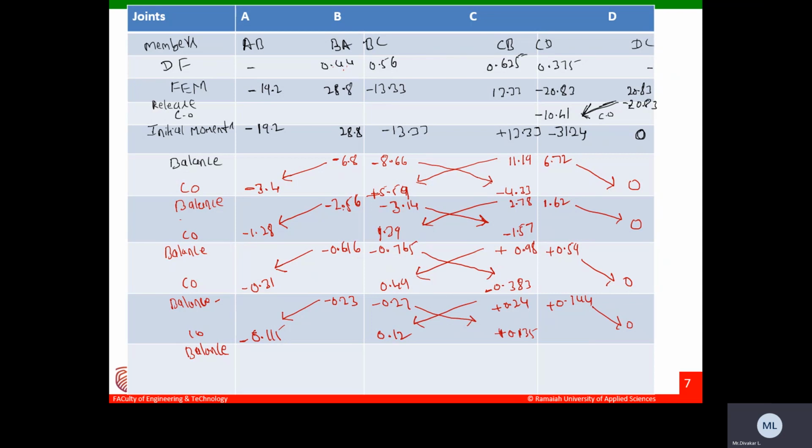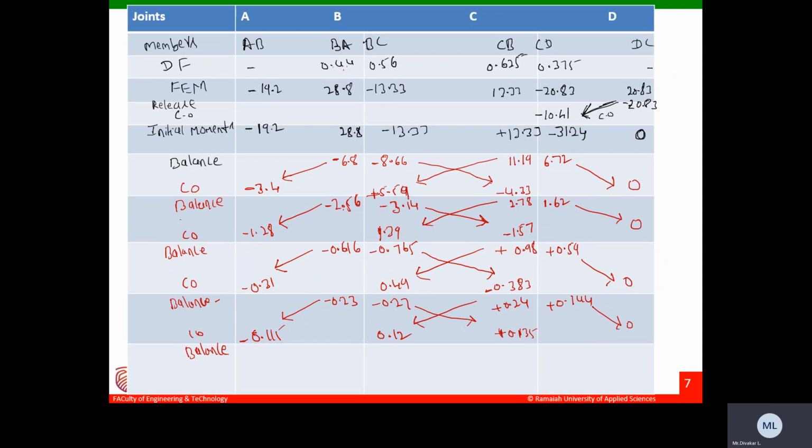Then this will be, so 0.45 multiply with 0.56, 0.27. Okay. So in this case we will get max approximately. Now we can do the balance. Now let us do the balance this one.